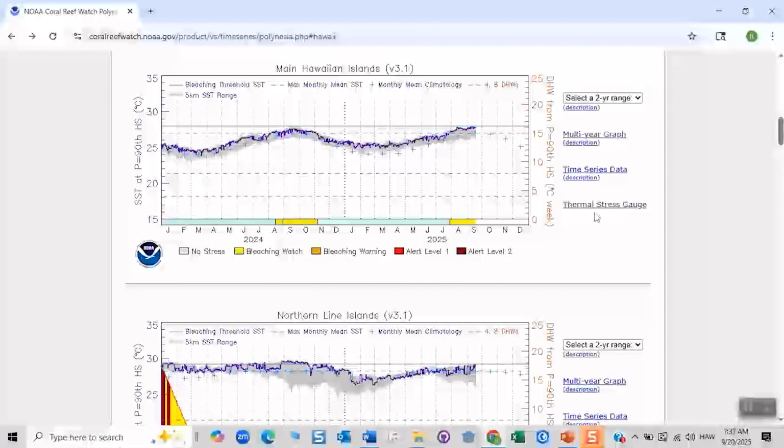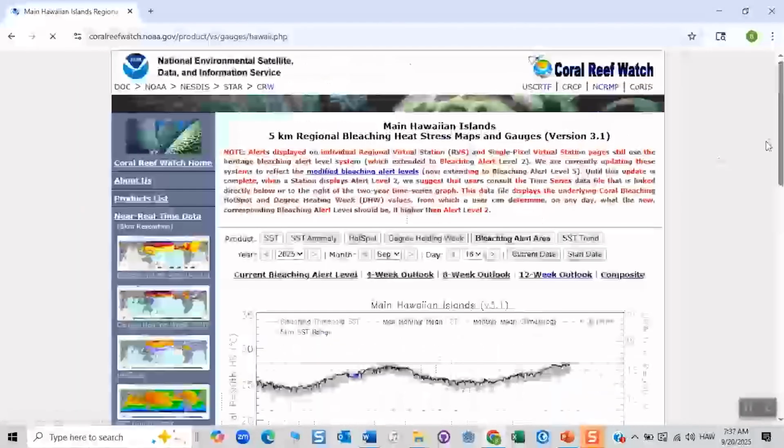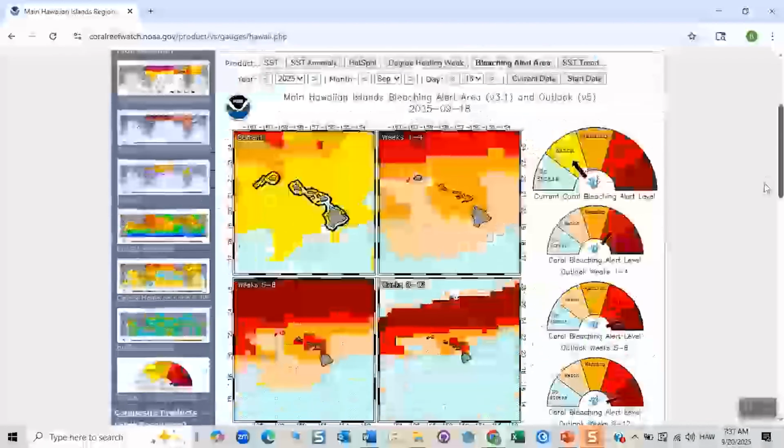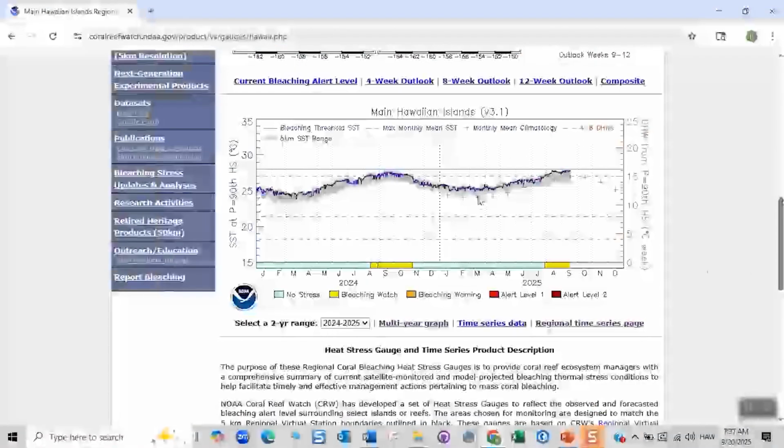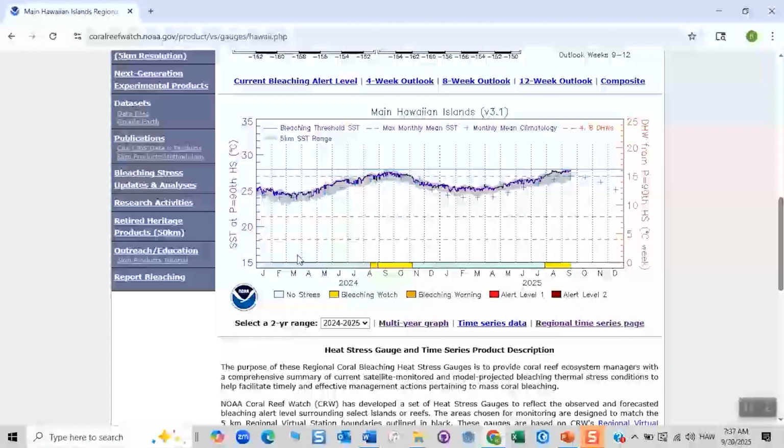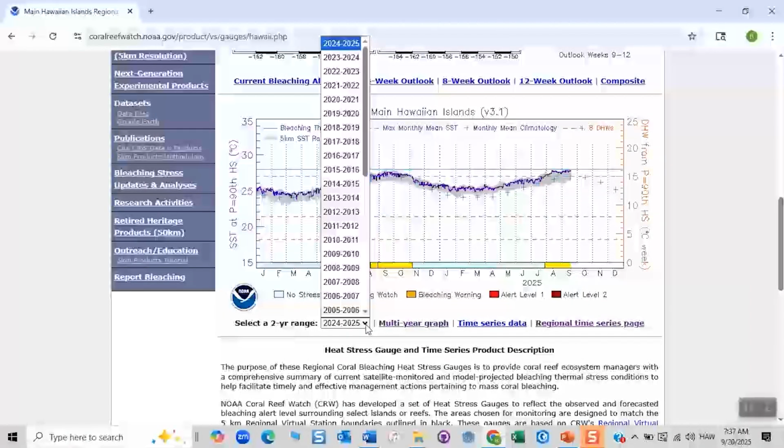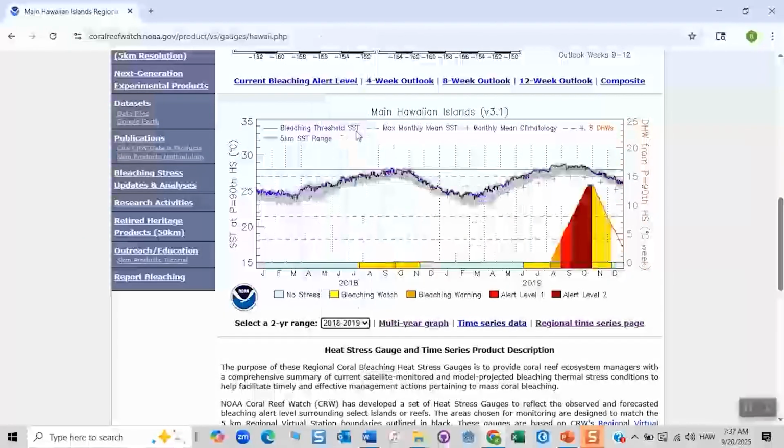Oops, we're going to go to the thermal stress gauge actually. We'll get to this in a second, but just to show you degree heating weeks in action: in Hawaii, our last significant bleaching event was in 2019. If we take a look at this graph, this is 2018 leading into 2019.